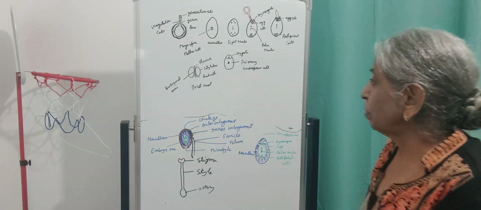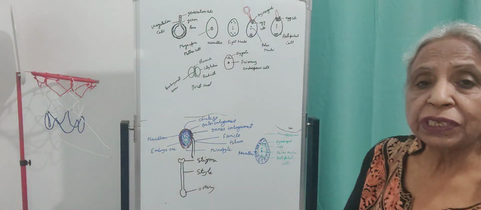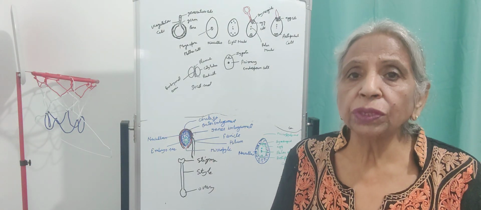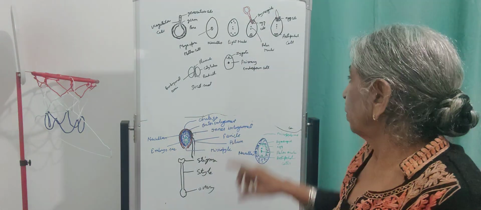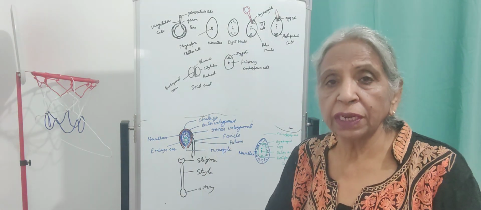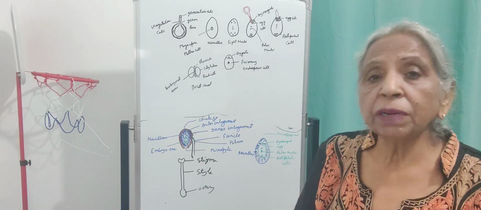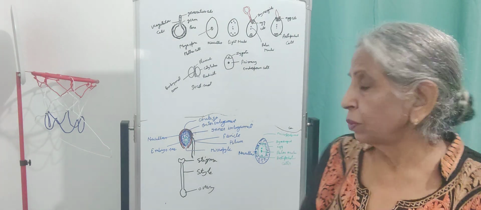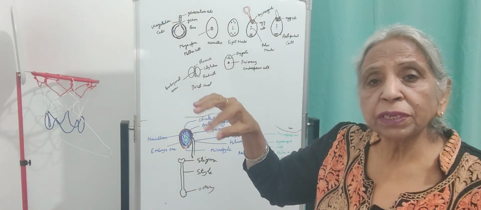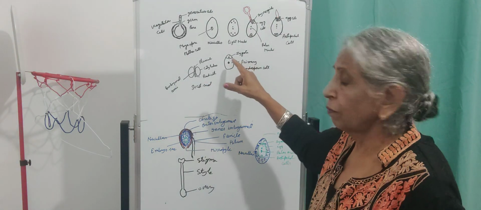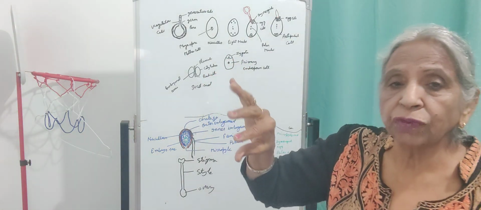Further development into the embryo is called embryogeny. From the zygote the embryo is formed. The primary endosperm cell helps in nourishing the developing zygote.